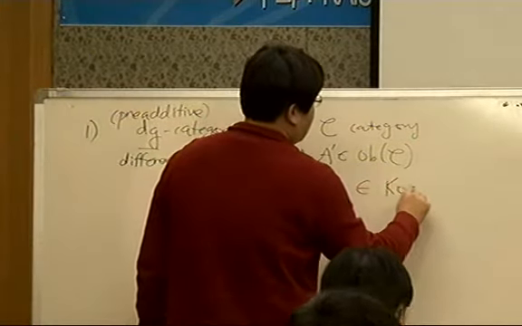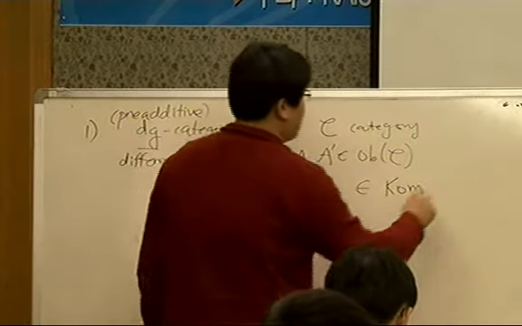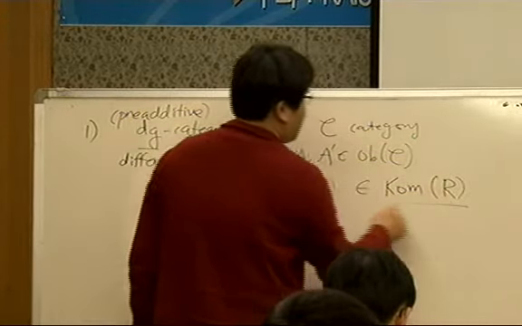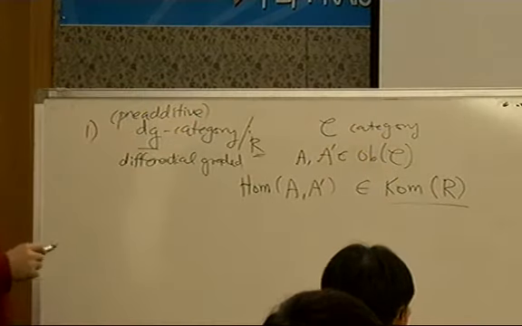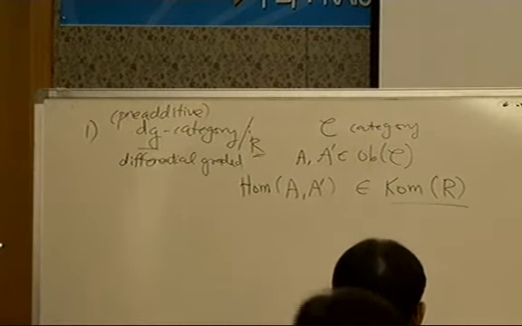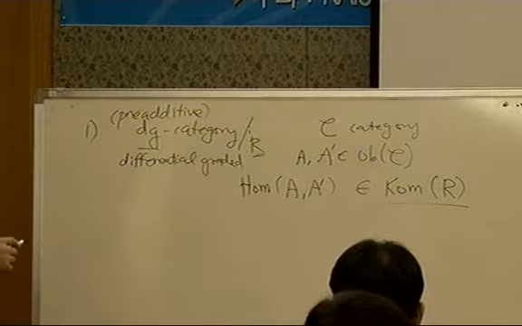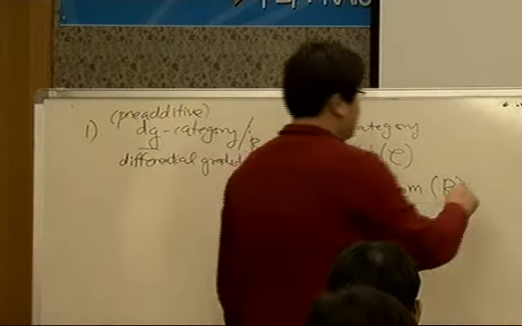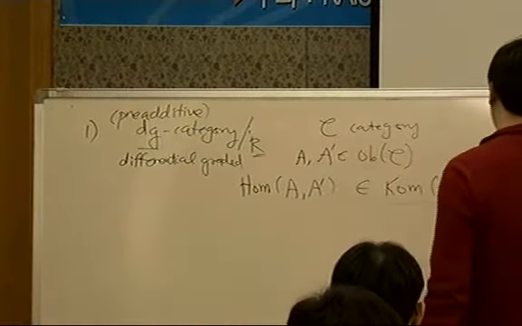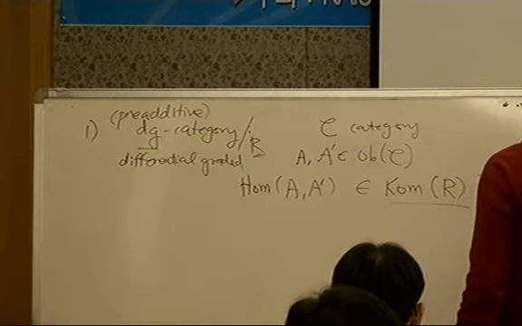Some people don't like this notation, but Com-R means the category of complexes of R modules.